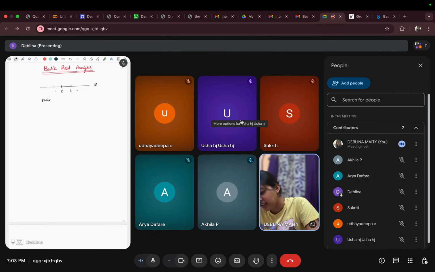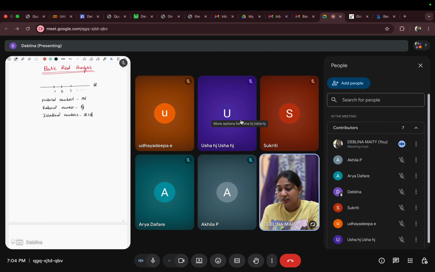The natural numbers are denoted by N, and then came what? The rational numbers, which we denote by Q, and there are irrational numbers, which is nothing but R minus Q, because the numbers which are not rational are irrational numbers.